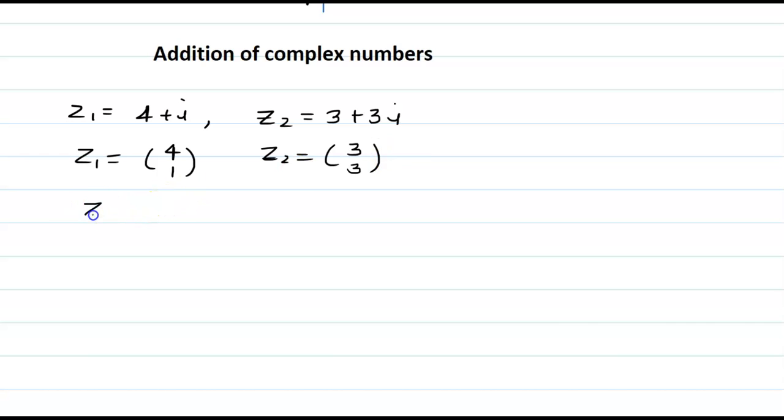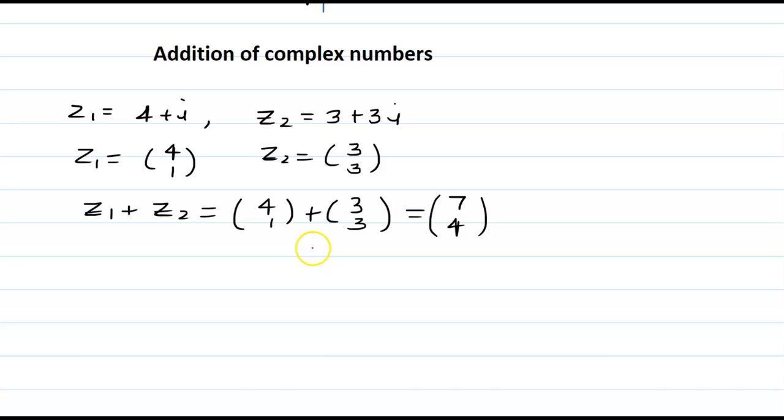If we need to find z1 plus z2, just add. z1 is 4 and 1, plus 3 and 3. So 4 plus 3 becomes 7, real part with real part, imaginary part with imaginary part. So 1 plus 3 is 4. 7 and 4.